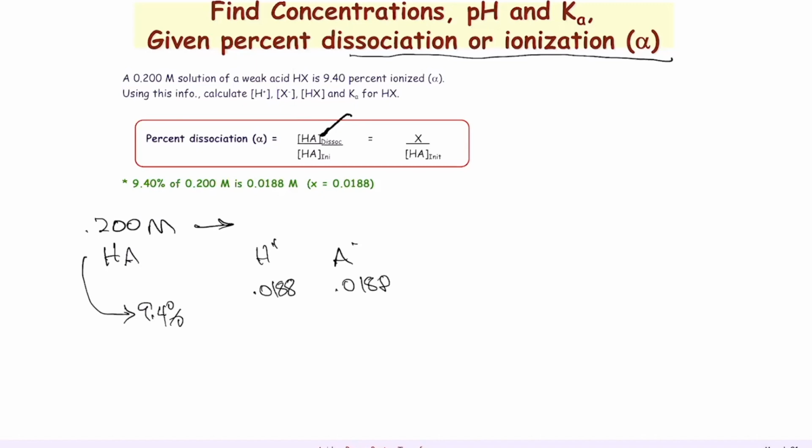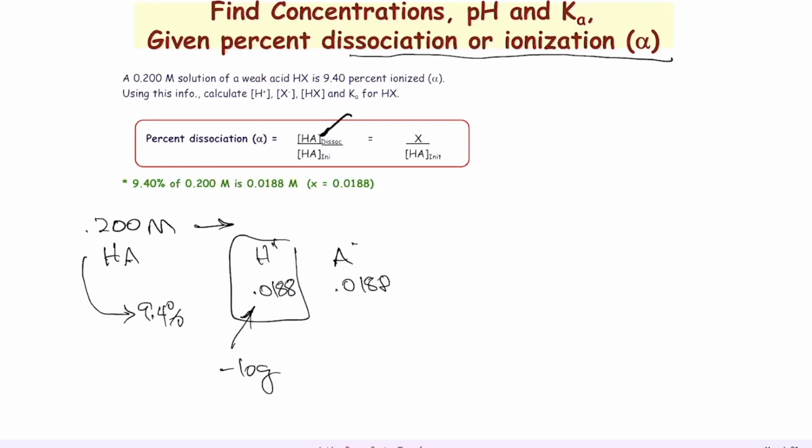If you want to calculate the pH, just take the negative log of that number, because what is the pH? It's the negative log of the hydrogen ion concentration. You don't need anything else. If you have the hydrogen ion concentration of that solution and you take the negative log of that, you've got the pH.